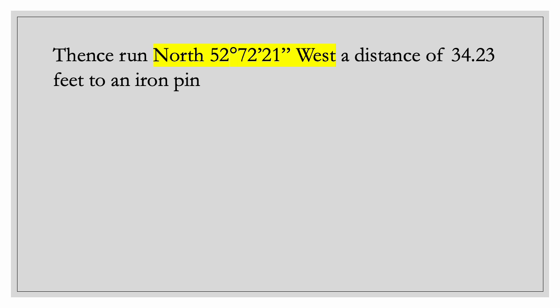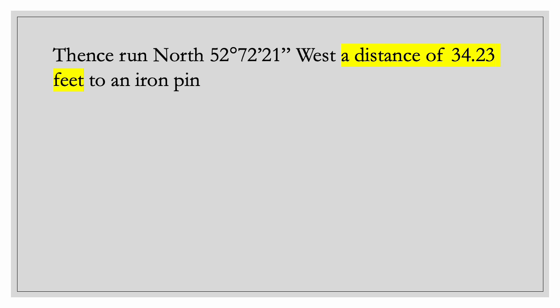Now, the north 52 degrees, 72 minutes, 21 seconds west describes the direction. So starting from north, turn 52 degrees, 72 minutes, and 21 seconds towards the west. Now, note that the 72 minutes is unusual because 60 minutes equals 1 degree, but this is a direct example that was from our book.